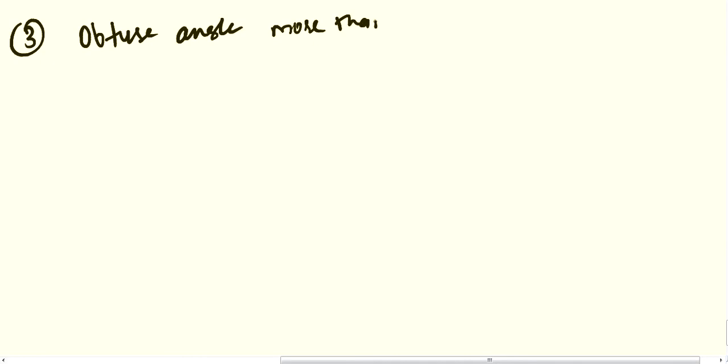Then next is obtuse angle. Now an obtuse angle is more than 90 degree but less than 180 degree. That means an obtuse angle measures between 90 and 180.